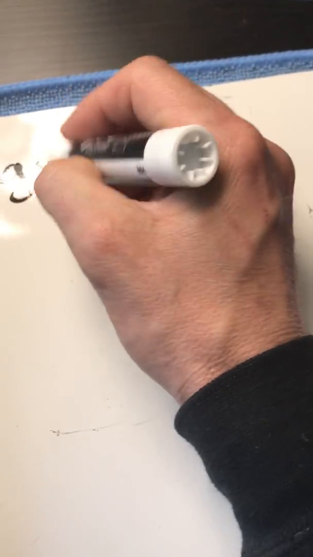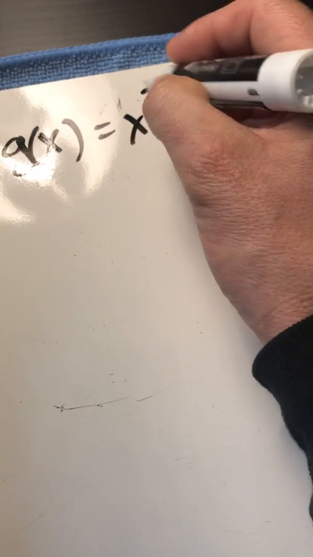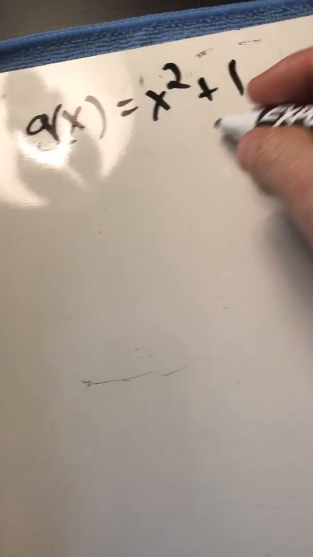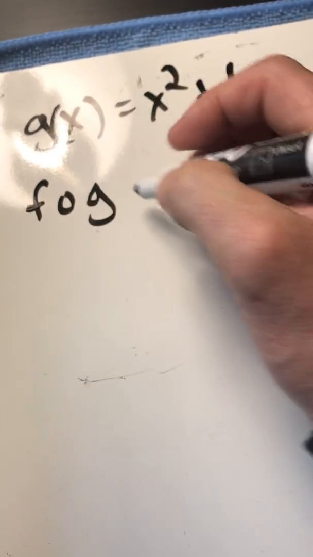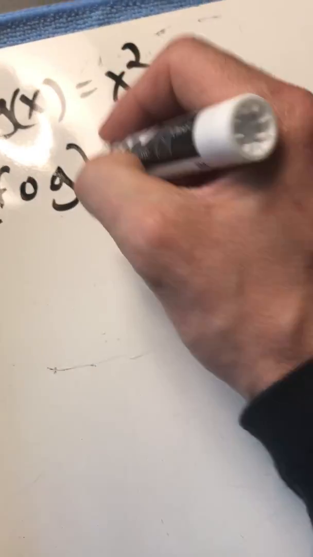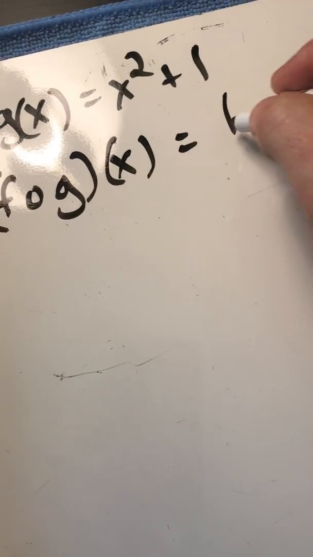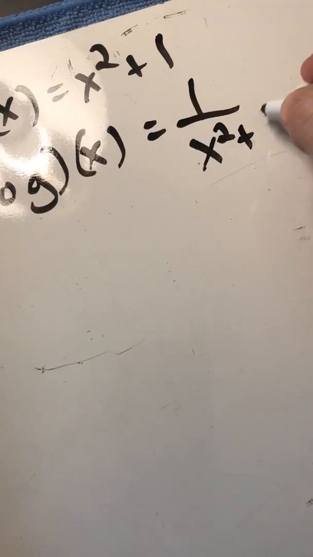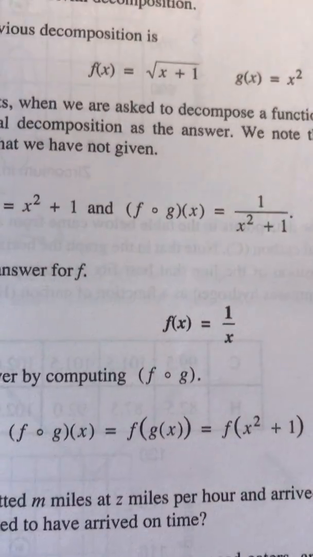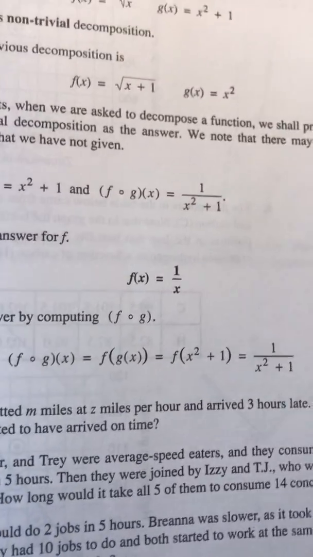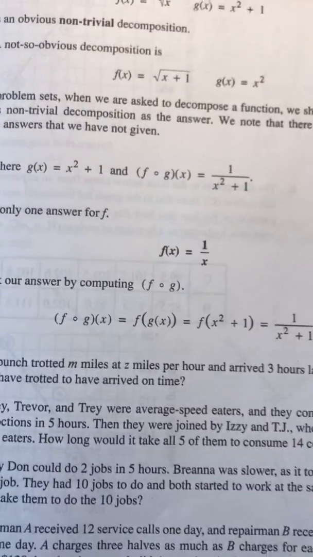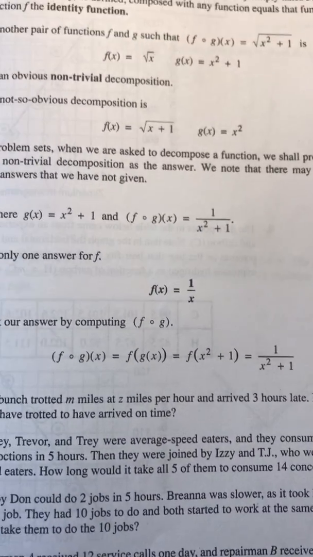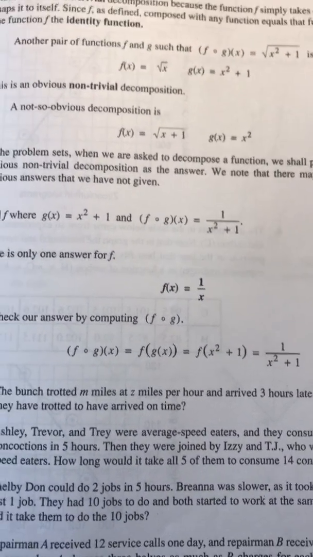Okay, so let's look at this example here. G of x is x squared plus 1, and f of g of x equals 1 over x squared plus 1. Now sometimes the answer is so obvious and trivial, but there's only one possibility, and you have to go with it.